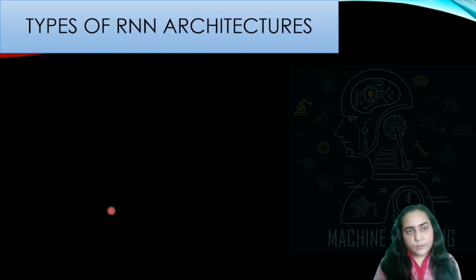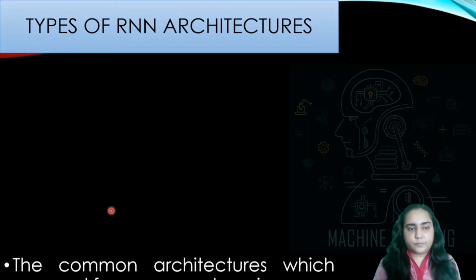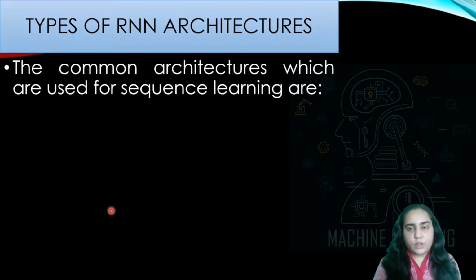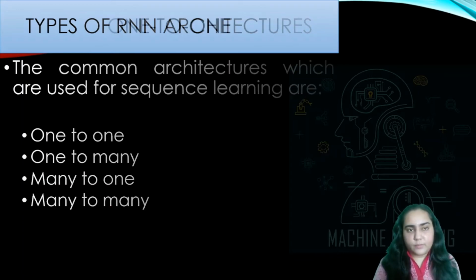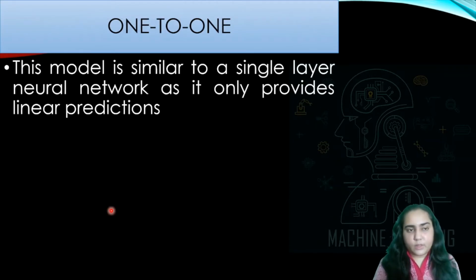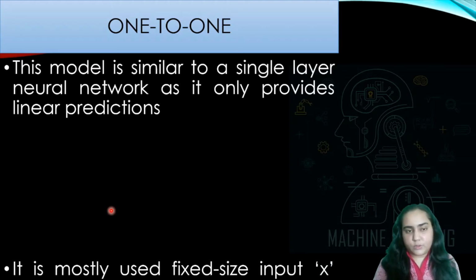Let's now talk about different types of RNN architectures. So the common architectures which are used for sequence learning are one-to-one, one-to-many, many-to-one, and many-to-many. Let's see one-to-one. This model is very similar to a single layer neural network, as it only provides you with linear predictions.